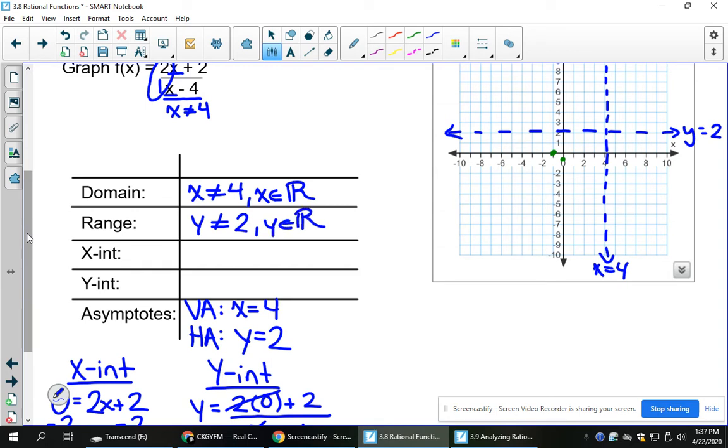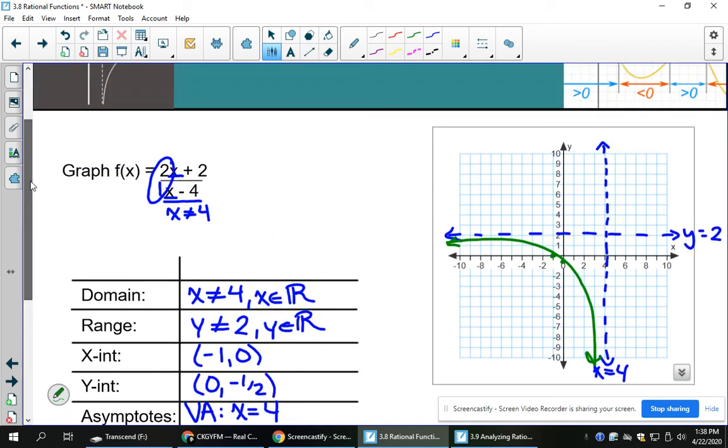The x-intercept I calculated at -1, and the y-intercept was at -1/2. Putting all of this information together and looking on my calculator, I see getting close to asymptotes down in that corner, going through my intercepts, and a similar thing happening up in this corner.